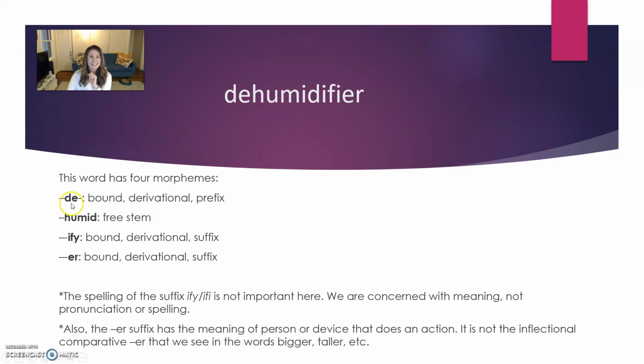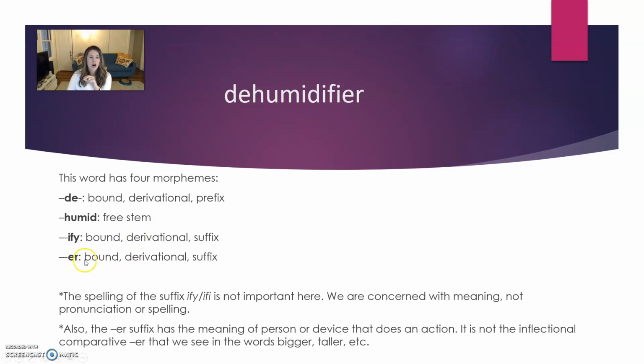You have de, which is a bound derivational prefix, okay? Humid, which is a free root word. Ify, and in this case, it can be I-F-Y or I-F-I. It's not really important. Basically, it's bound. It's a suffix because it goes on to this root, right? And it's derivational. It changes the type of word.